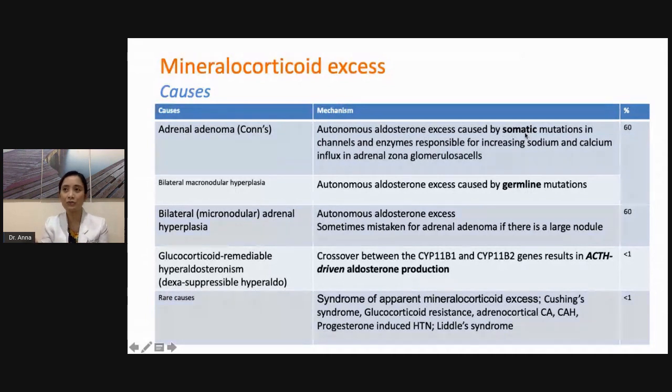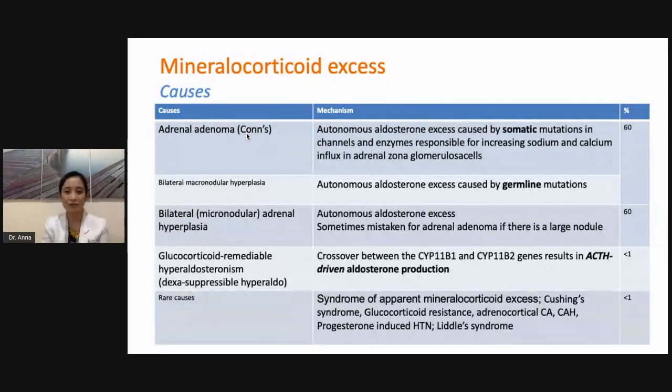Causing autonomous production of cells that secrete aldosterone, resulting in an adenoma. So that's called your Conn syndrome. So if the primary aldosteronism is caused by an adrenal adenoma, that's what we call Conn syndrome. So Conn syndrome is not synonymous to primary hyperaldosteronism.